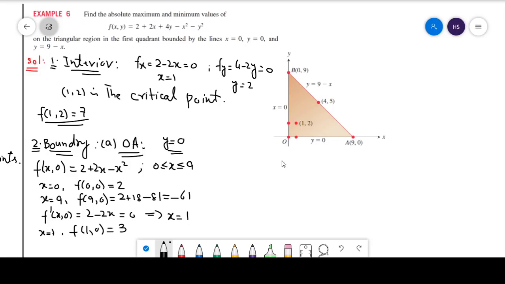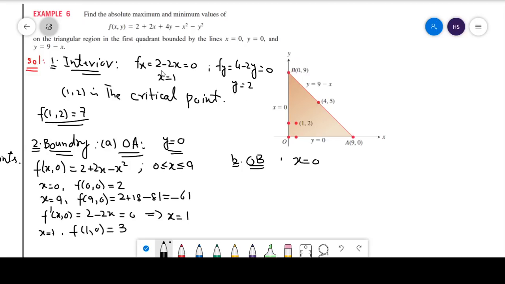Similarly, we'll talk about, because we are still in the boundary points case, line segment OB. On this line segment, if you see, this lies on the y-axis, so x is 0. On this line, x will always be equal to 0.